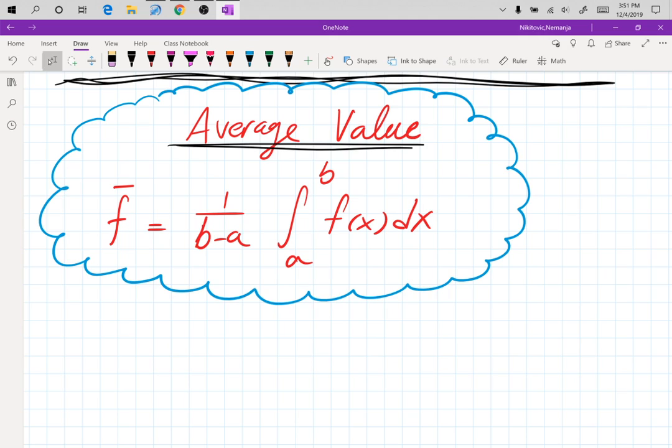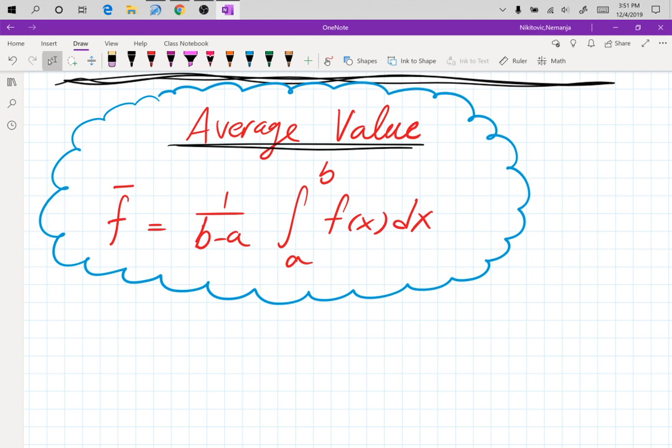So if you just want the rainfall for January, your limits will be 0 to 1. If you want February, limits are 1 to 2. If you want February through June, you will use limits 1 through 6. So you have multiple ways of dealing with this.